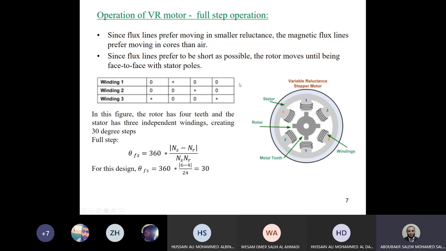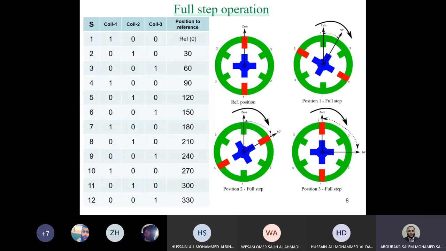So let's start with the operation of the machine in one of the modes, which is called full step operation. This is our motor. Here we have 6 stator teeth and 4 rotor teeth, and we are going to describe the full step operation. This is one of the control techniques used for stepper machines. In order to understand the operation of any stepper motor, we need to agree on some rules.